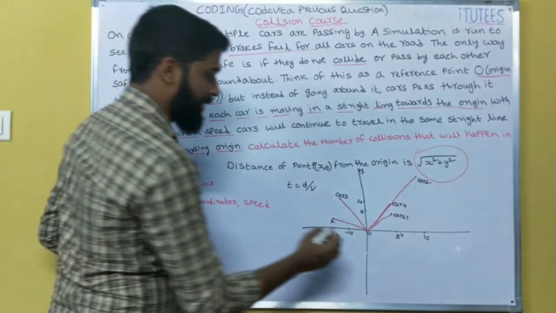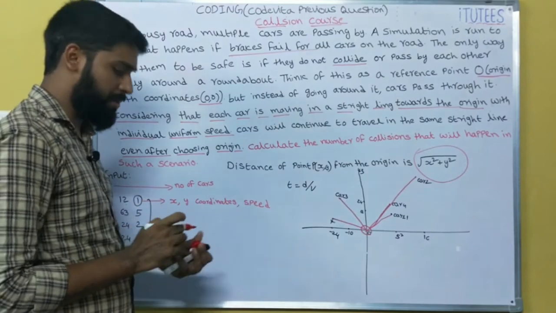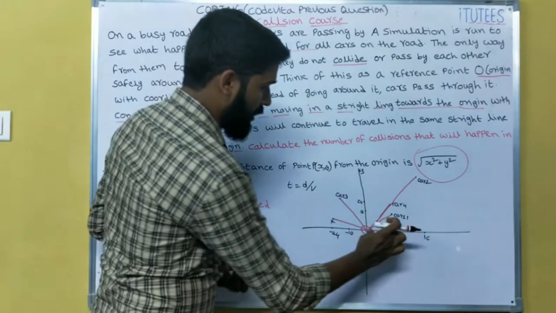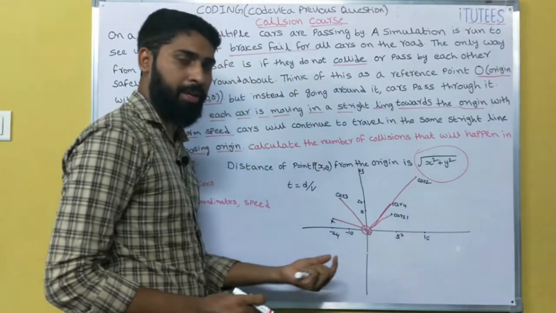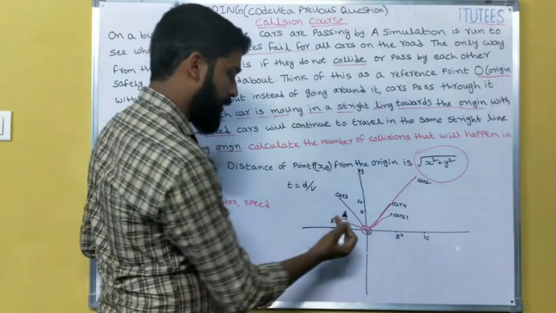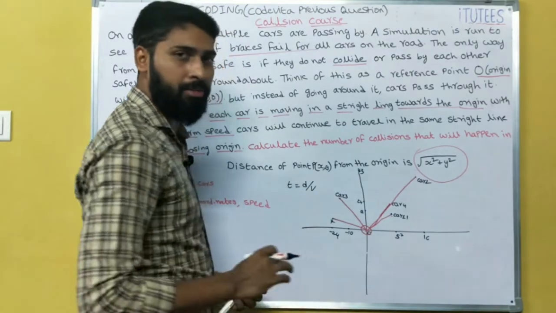Now we are going to calculate the time of each car. That's it. So that means now we are going to find the time taken by car 1 to travel from this point to the origin. Same for car 2, car 3, car 4 and car 5. And we can compare those things.